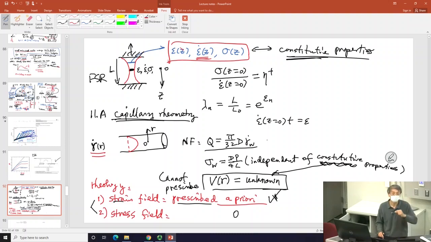Thirdly, which is related to the next point I'm going to make, like capillary, the stress is not prescribed to be constant in space. Three things. Now come back to a little bit of appreciation.